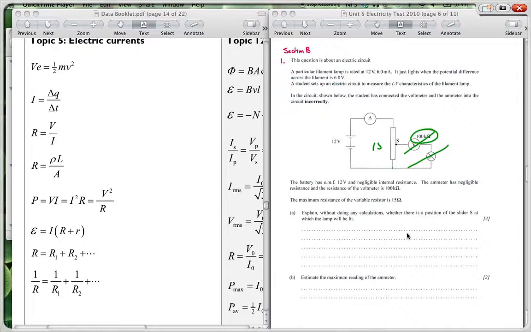So you've got 15 ohms here, you've got 12 volts, so I is equal to V over R. It's going to be 12 divided by 15 ohms, and we get 0.8 amps.